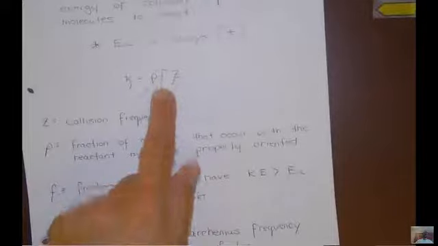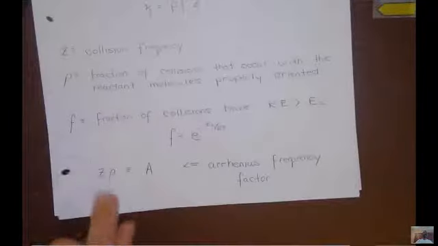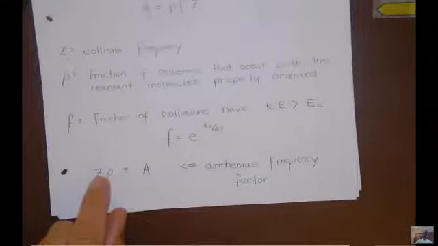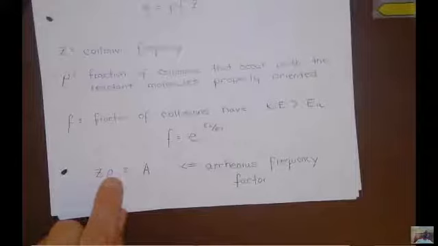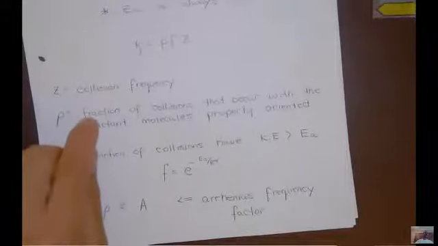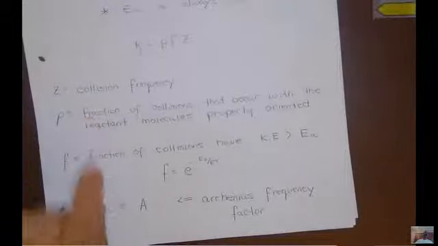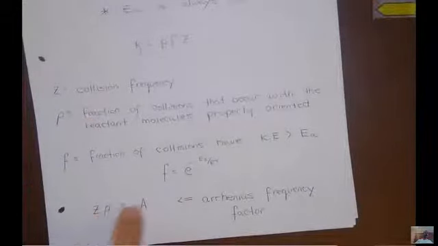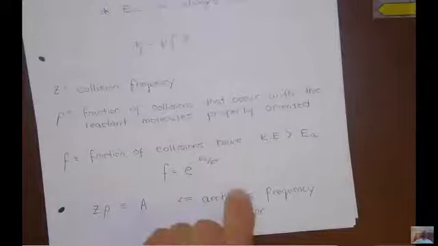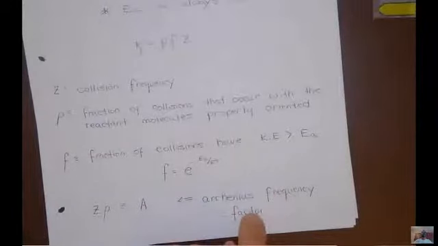So plug that in for F, and we're going to take Z and P and put them together, because these are things that would be very difficult to measure independently. How often they collide, and whether their collisions are oriented correctly, multiplied together, are going to give you one factor. So we're going to take two things that are very hard to measure and group them together. That's called the Arrhenius frequency factor.